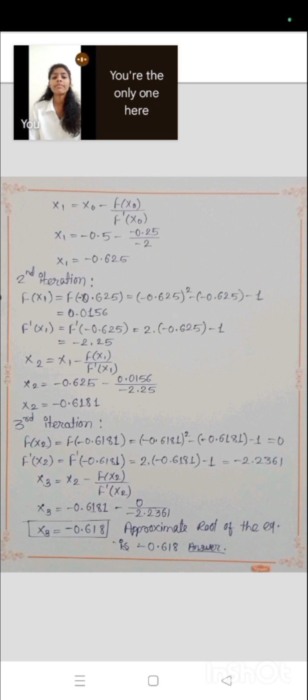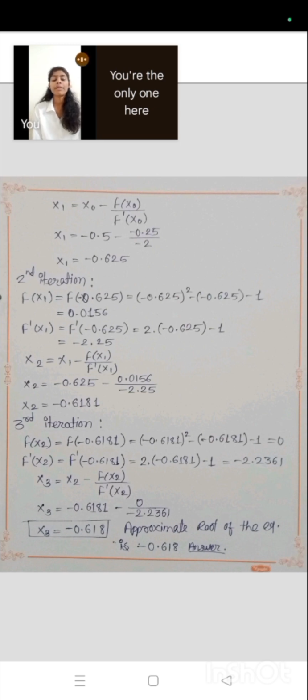So here we check that the x1 and x2 values are not the same, so the third iteration is f of x2, which is equal to f of minus 0.6181. So we put the x2 value in the f of x equation: minus 0.6181 whole square minus 0.6181 minus 1.